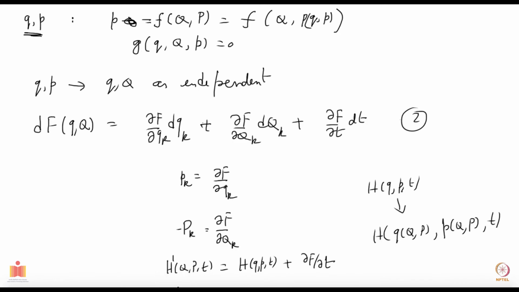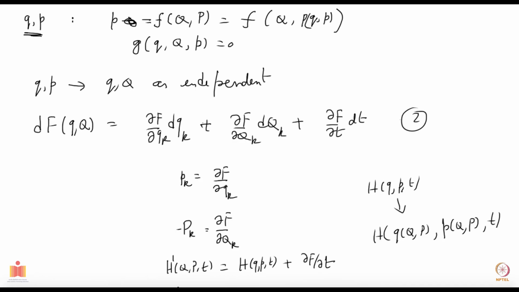Okay, so now let's see why this F is going to generate the transformations. Before I do so, let me make a quick remark that your capital F you have chosen to be a function of one old coordinate, which was small q, and one new coordinate, capital Q. So we will always take it to be having one old and one new.